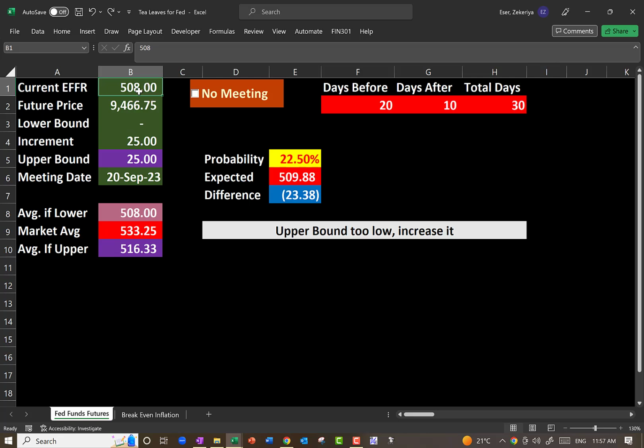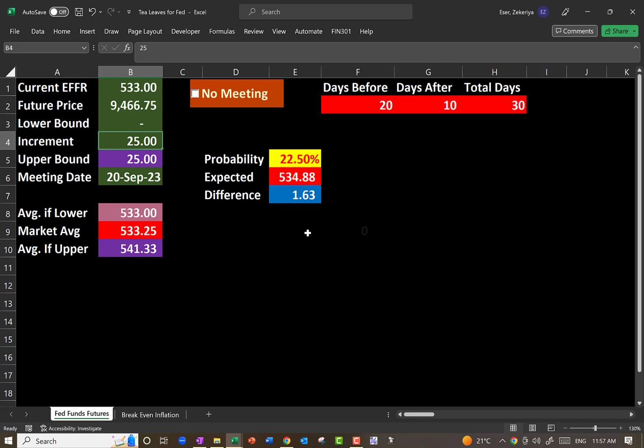If the rates were indeed 508, this says you've got to make the lower bound 25 basis points, maybe 50, something like that. But currently it's 533, so 0.